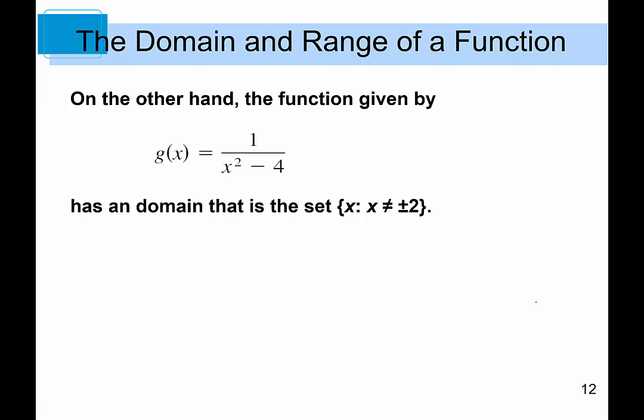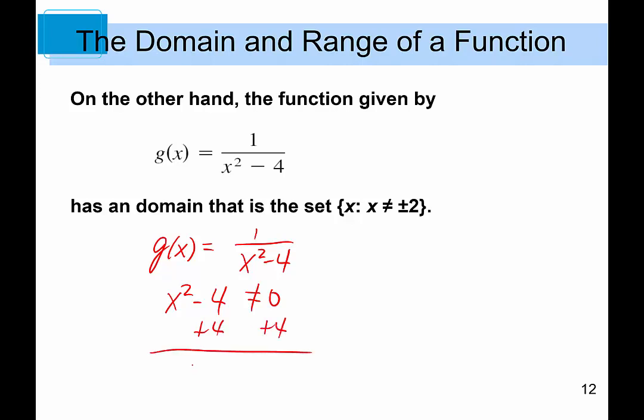For example, let's take a look at this function g of x equals 1 over x squared minus 4. Since it's a rational function, the denominator cannot be 0, so we're going to say x squared minus 4 cannot be equal to 0. Adding 4 to both sides, x squared cannot be equal to 4.